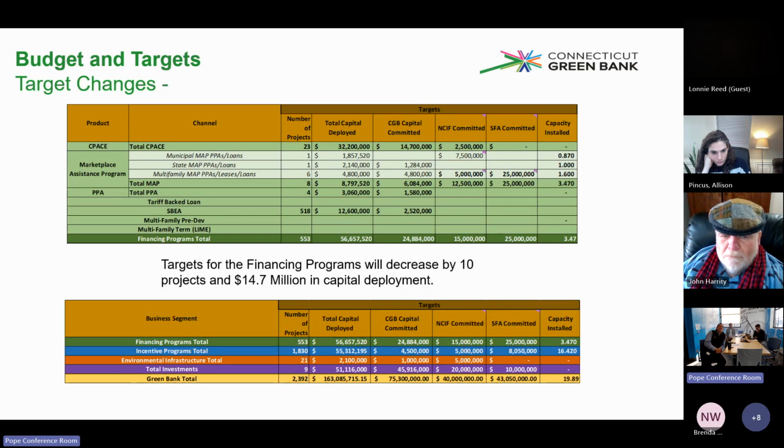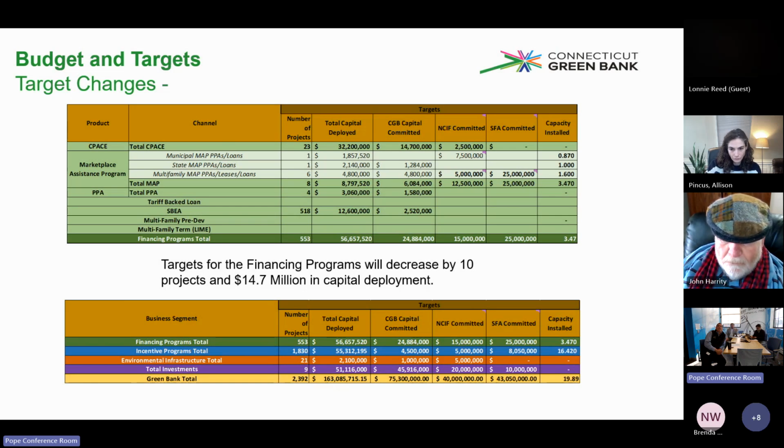But we do have others that are going to make up for that; we'll get across the line this year. On the power purchase agreement, we're decreasing by a larger number of projects. And that's due to, when we have the PPA targets here, this is referring to where we have third-party developers that are using our debt to develop power purchase agreements.